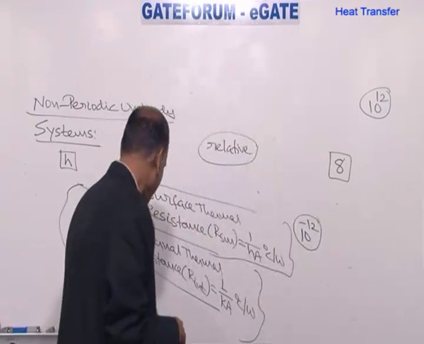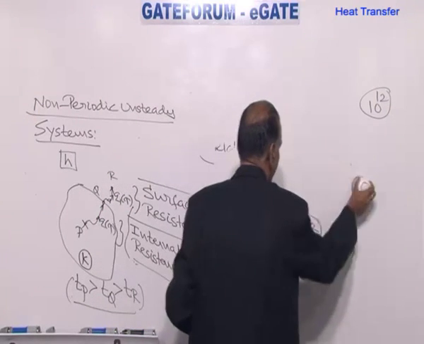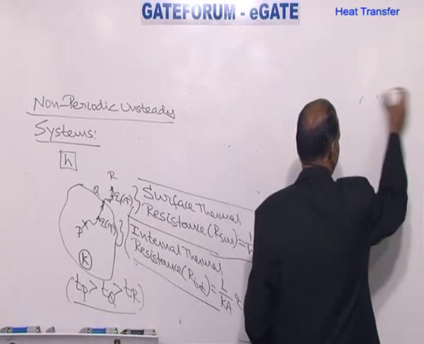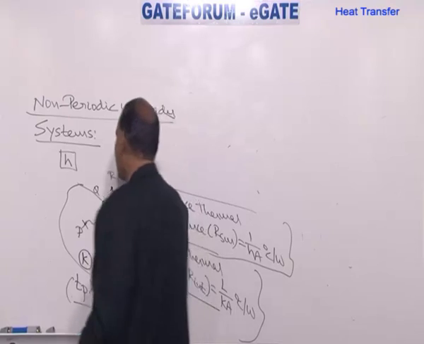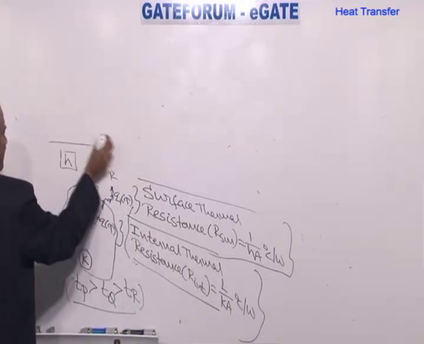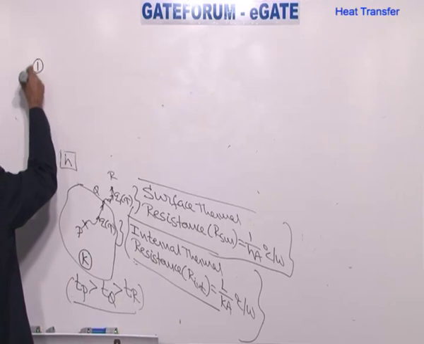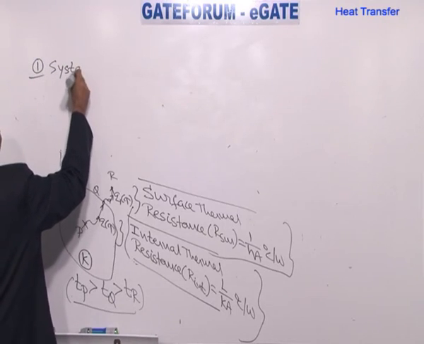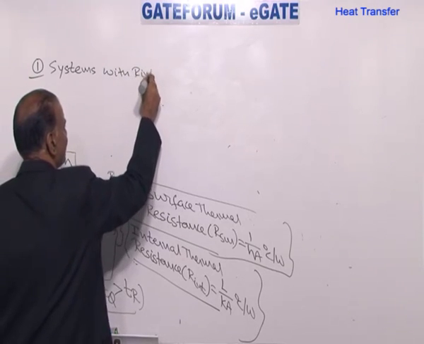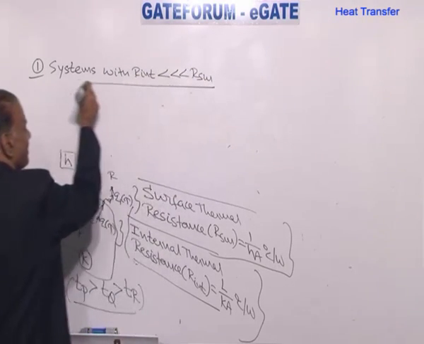Okay. So here we are trying to have same sort of discussion, and depending upon relative magnitudes of R internal and R surface, one can have three types of non-periodic unsteady systems. If you look at them one by one, first, systems with R internal extremely small compared to R surface.